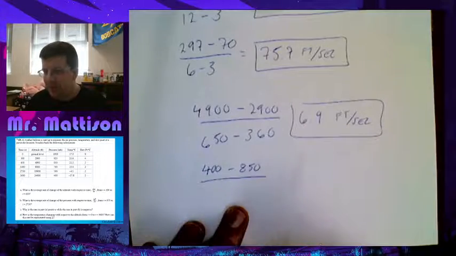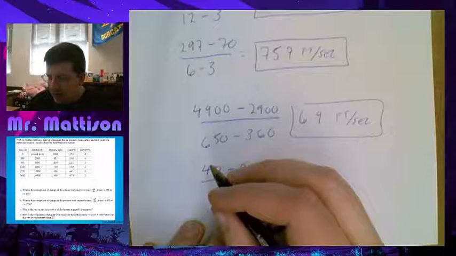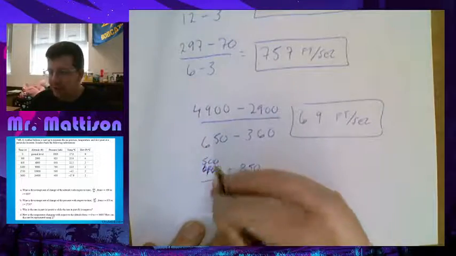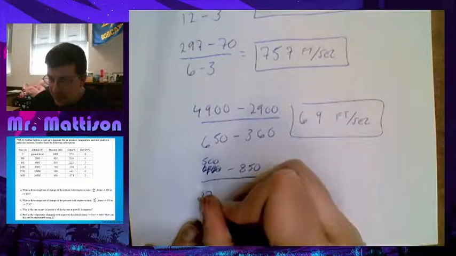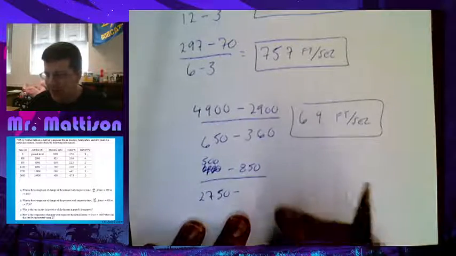Then my time change there is, oh sorry, it's 500. I was looking at the wrong thing. 500 is 2,750 minus, I'm going down to 650.